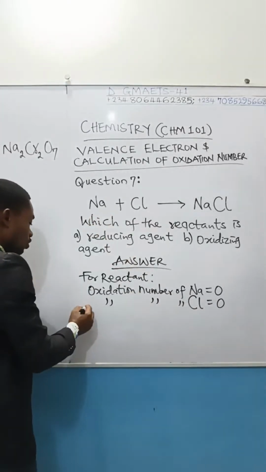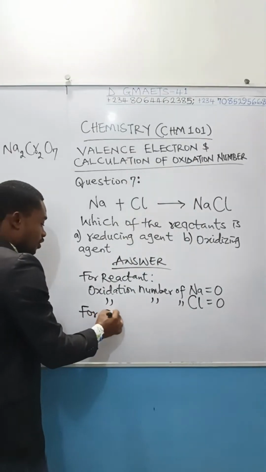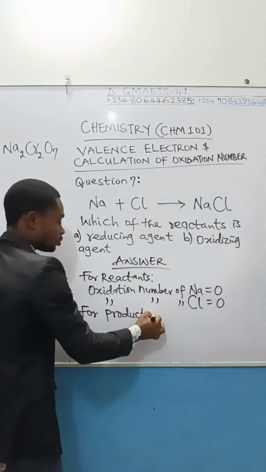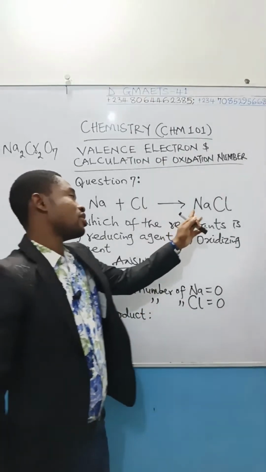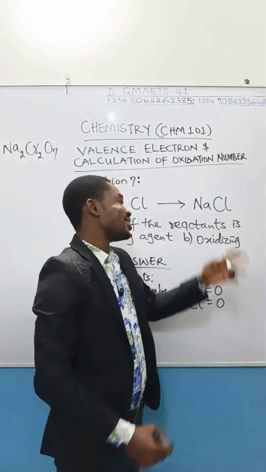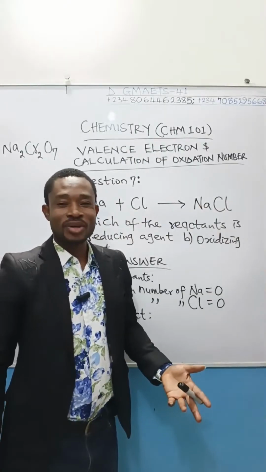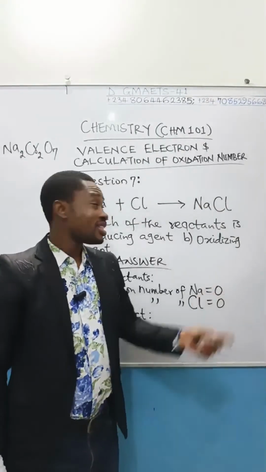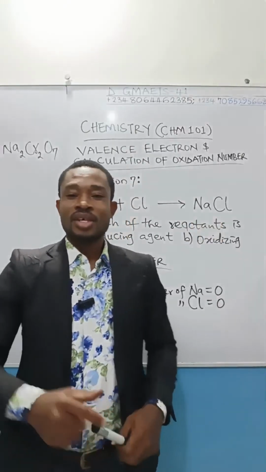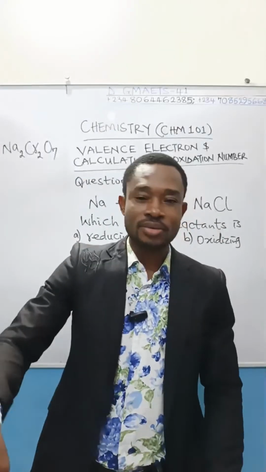Now let us go to the product. For the product, we are going to determine the oxidation number of sodium here and the oxidation number of chlorine here. This is a compound, so you must calculate the oxidation number of each of them, because in this case, it's no longer 0. The oxidation number of an element in a compound can never be 0.